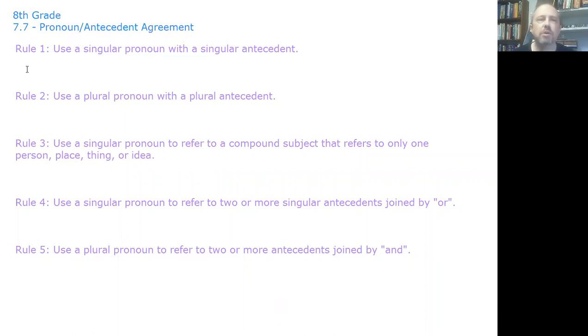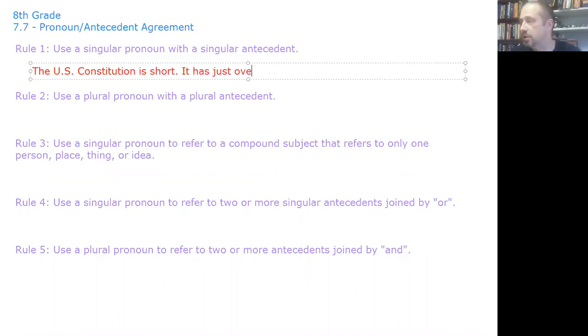So the most basic rule is that we use a singular pronoun with a singular antecedent. So for example, the U.S. Constitution is short. It has just over 4,400 words.